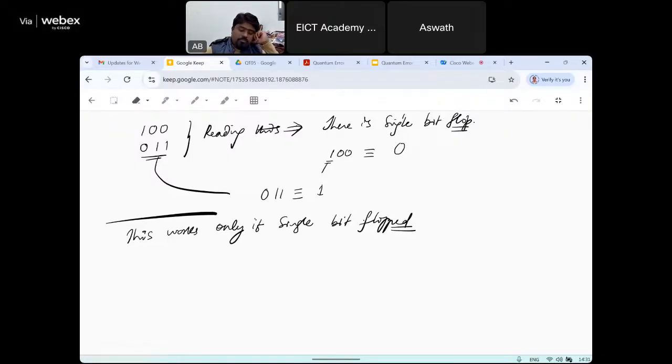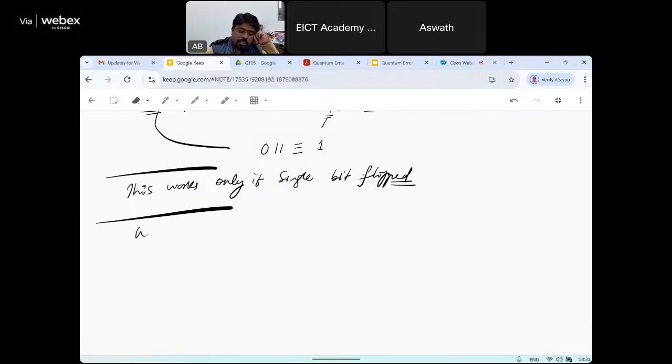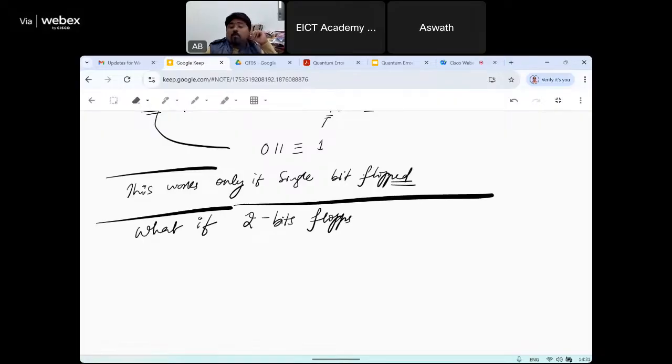This works only for single bit flips. Now the question is, what if 2 bits flip? If I get to know that there is a location where 2 bits are flipping, we know how to find that, so we can figure it out. For 2 bit flipping, I'll use the same technique.